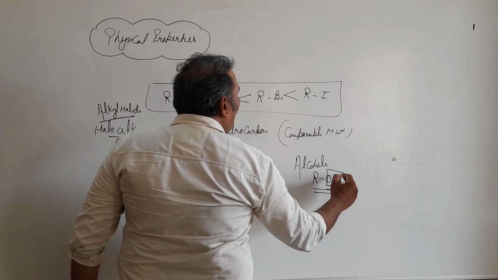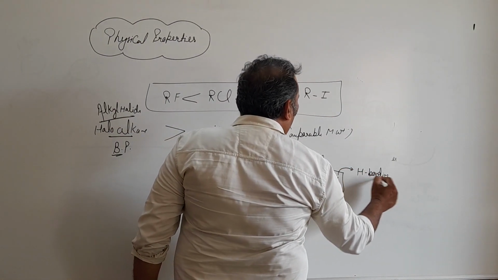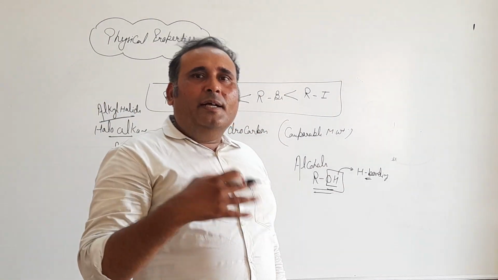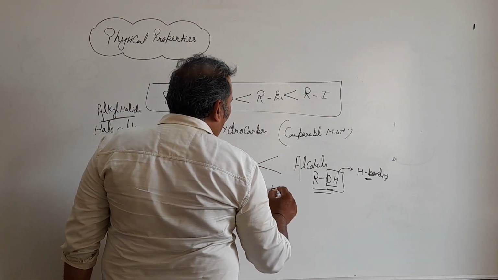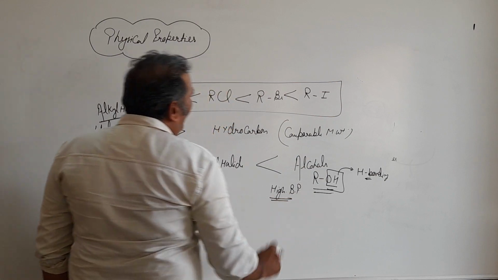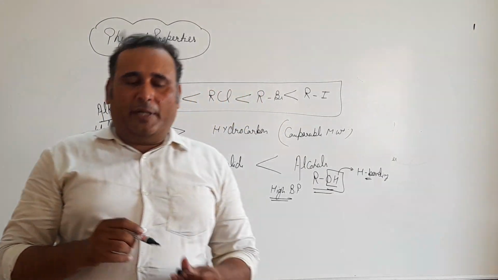So this OH group is capable of forming H bonding, hydrogen bonding, but alkyl halides are not capable of forming hydrogen bonding. That's why we can say alcohols have a higher boiling point. So we have discussed the boiling point.